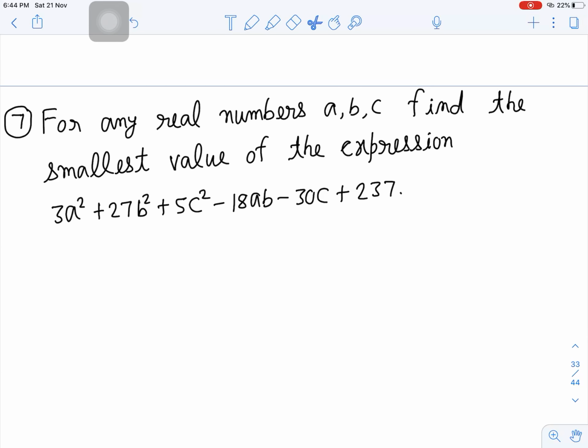Okay, now if you observe the linear terms, you have the minus ab term and minus c. You don't have bc and ca. So if you group a square, b square and the ab term, then you group c square, the constant and c.